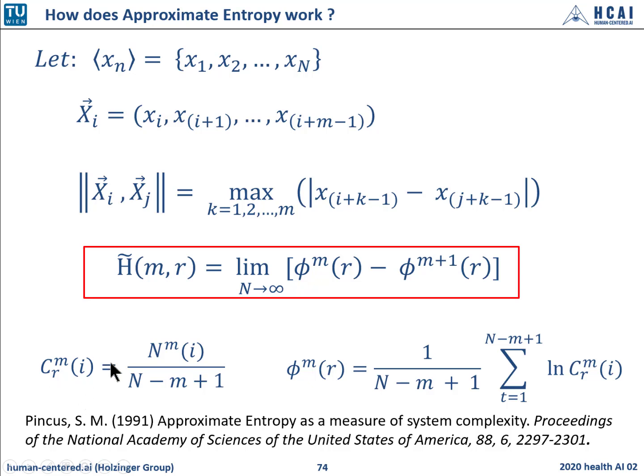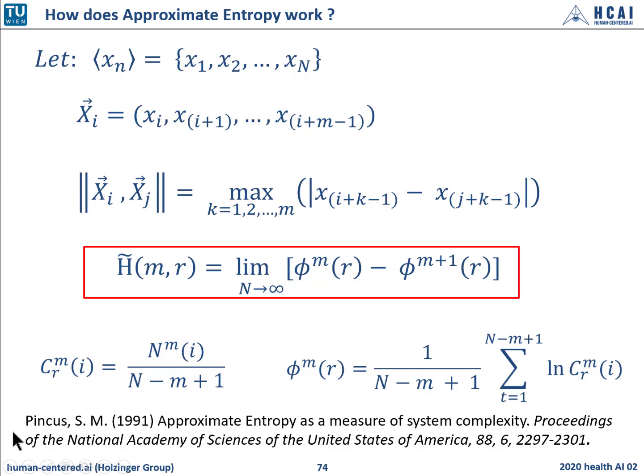So we assume that m is equal to r, and the approximate entropy could also be written as H tilde of m, r. So this is the approximate entropy of m, r, where m is the run length and r is the tolerance window, and C_r^m measures within the tolerance r the regularity of patterns similar to a given window with length m.